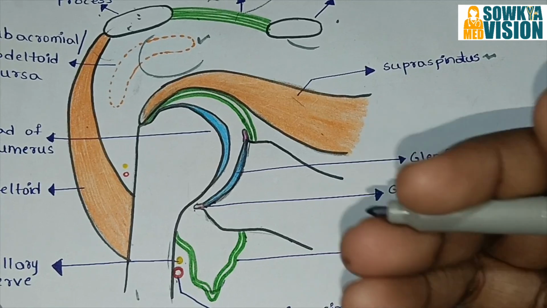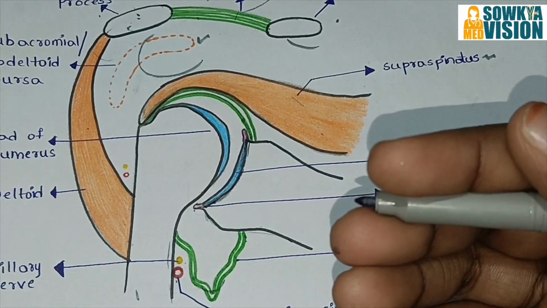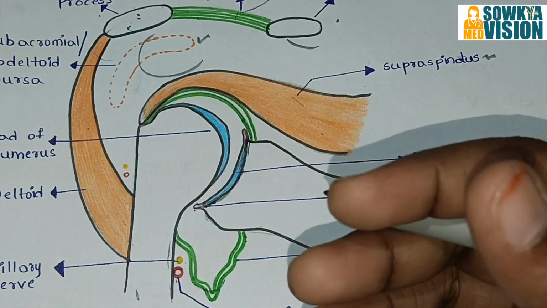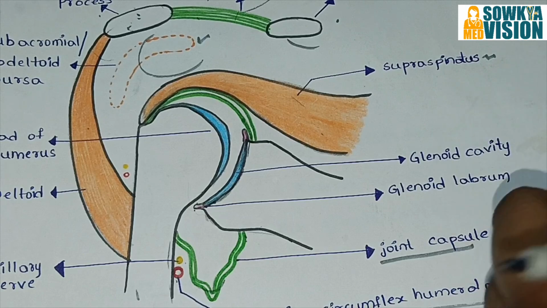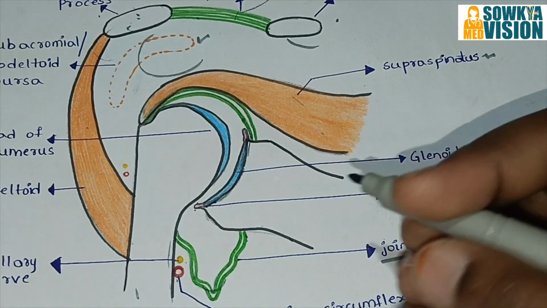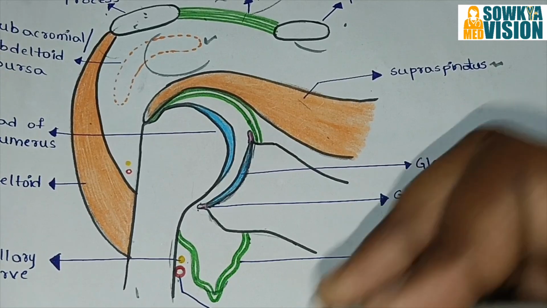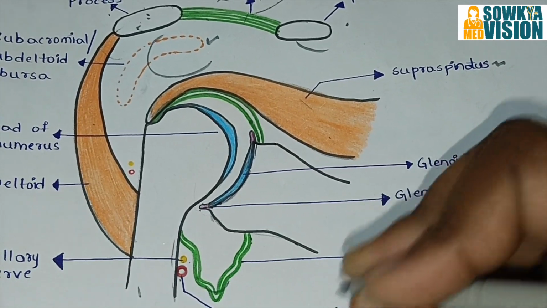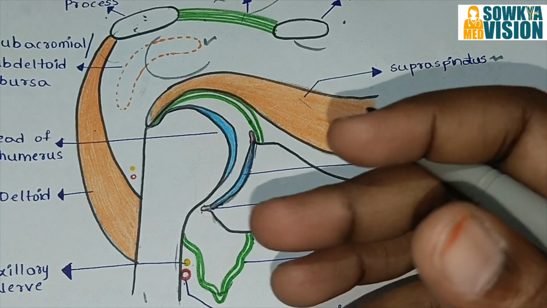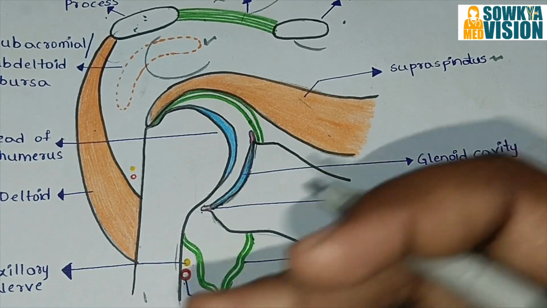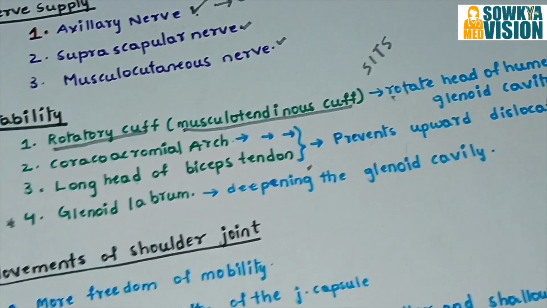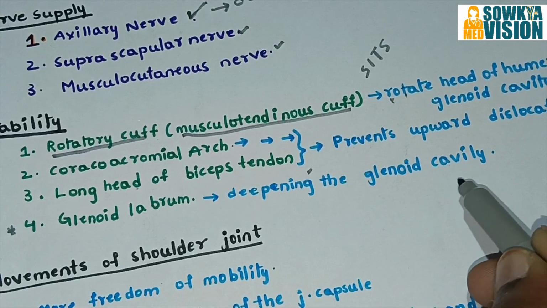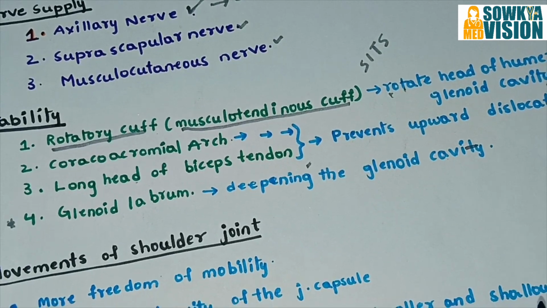The glenoid cavity is shallow, so the head of humerus cannot fix in it. So the glenoid labrum increases the depth of the shallow glenoid cavity to make the head of humerus fix in the glenoid cavity. So the glenoid labrum deepens the glenoid cavity.